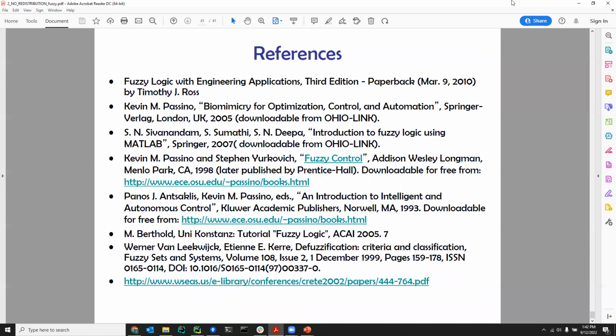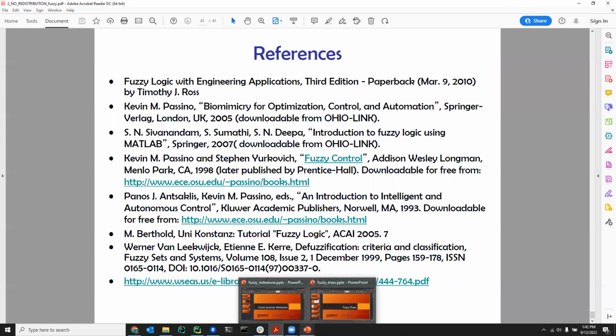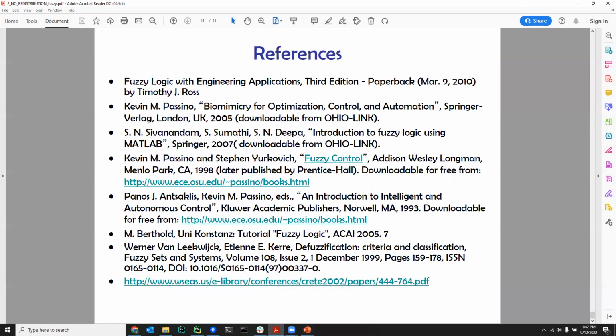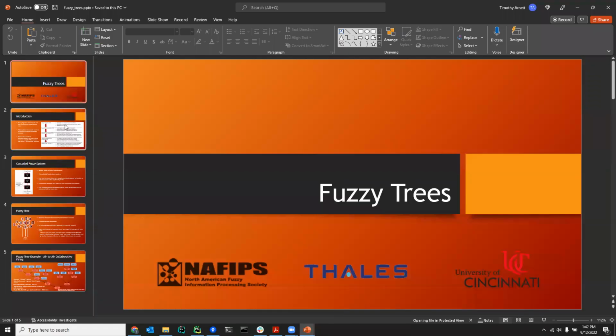Okay, so that was fuzzy logic and fuzzy inference systems at a pretty high level with some examples. One of the issues with fuzzy inference systems in general, though, is that you have to describe every combination of the membership functions on the input side to create your rule base.